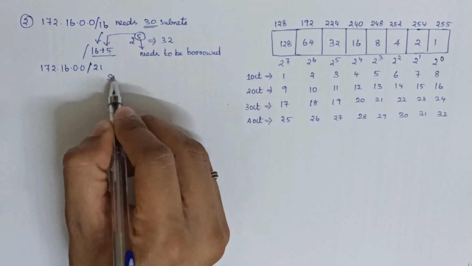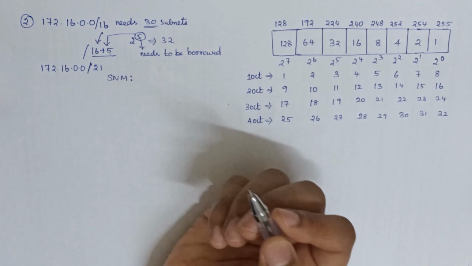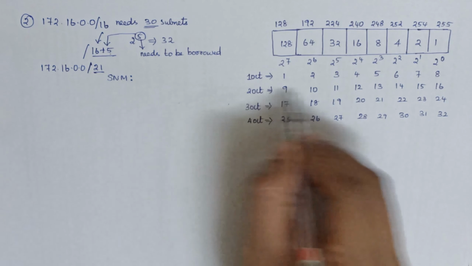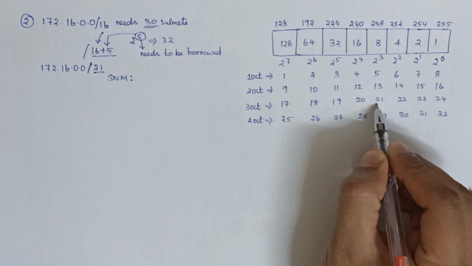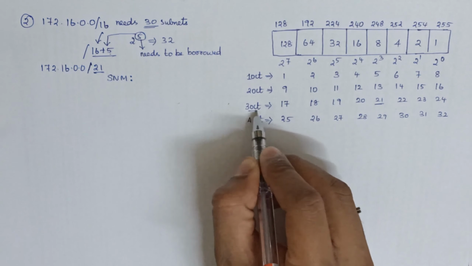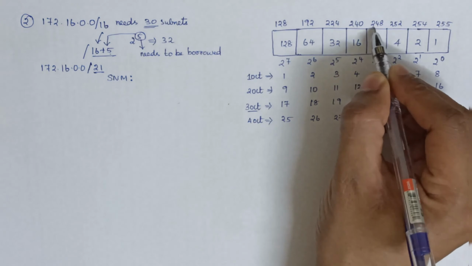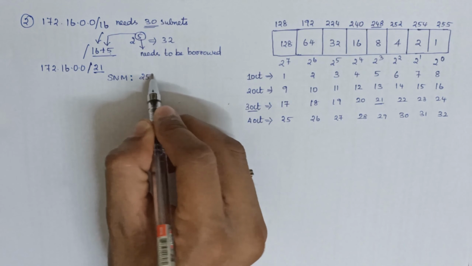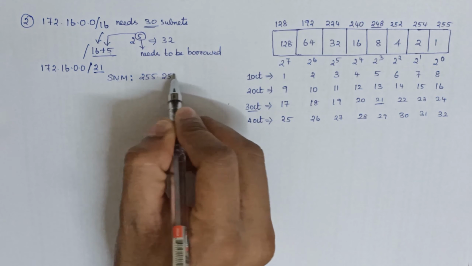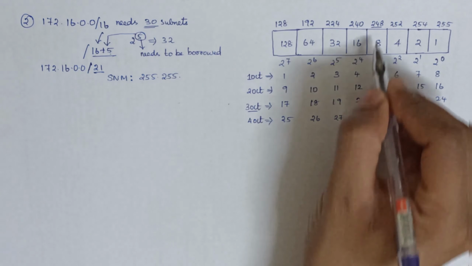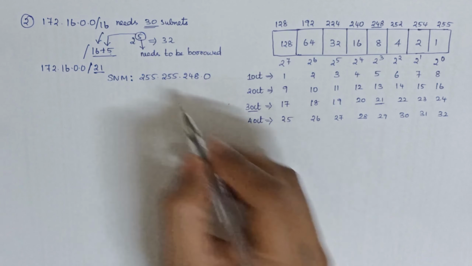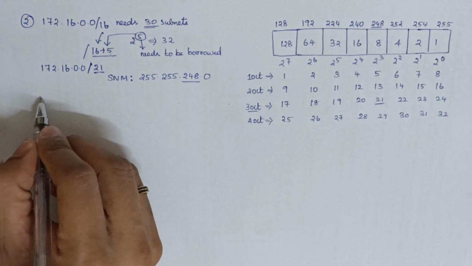The subnet mask: just look at the chart, where is the 21, in which octet it lies. If you look here, 21 is in the third octet, and look at the top: 248. So the third octet means the first two octets are full, so 255.255, and here 248.0. So 248 is the maximum network portion we can go.